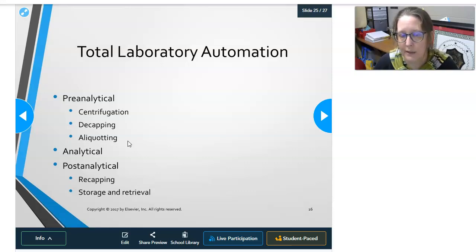Let's say you ran a specimen, chemistry maybe, you ran a comprehensive metabolic panel on it, and then a few hours later the physician orders a thyroid panel and wants you to do it on the blood that you have down in the lab. And you're like, sure.